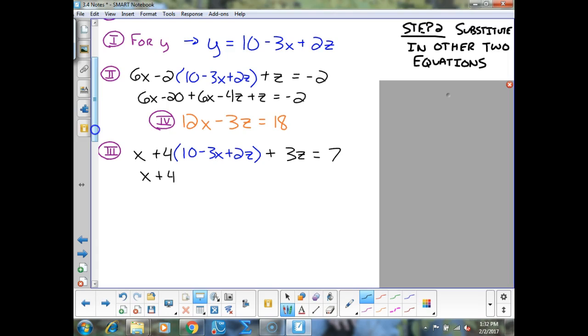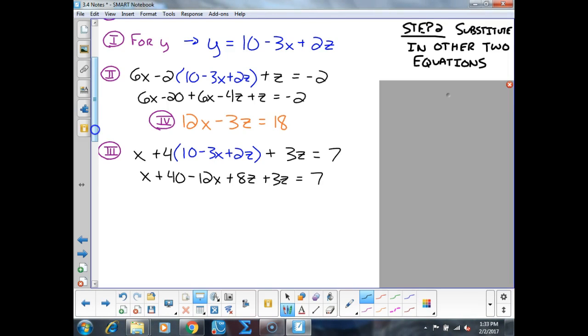So x plus 40 minus 12x plus 8z plus 3z equals 7. Call it equation number 5. What do we got? Negative 11x plus 11z equals negative 33.